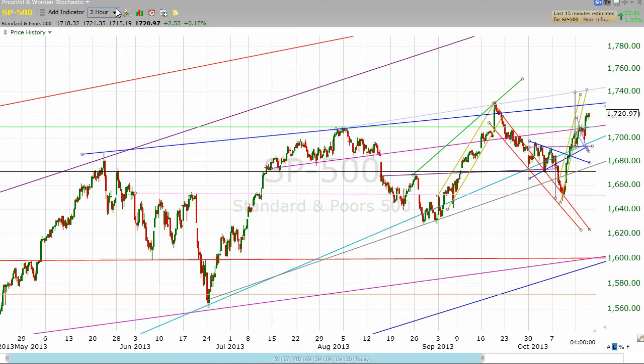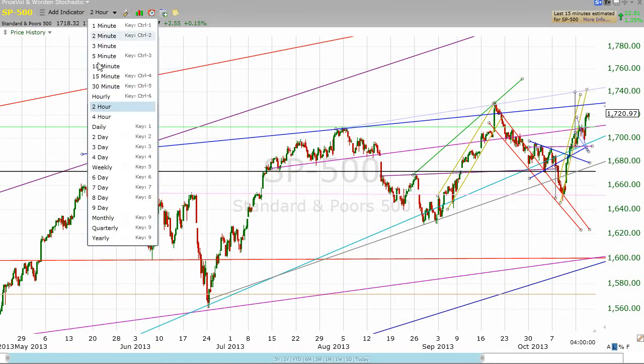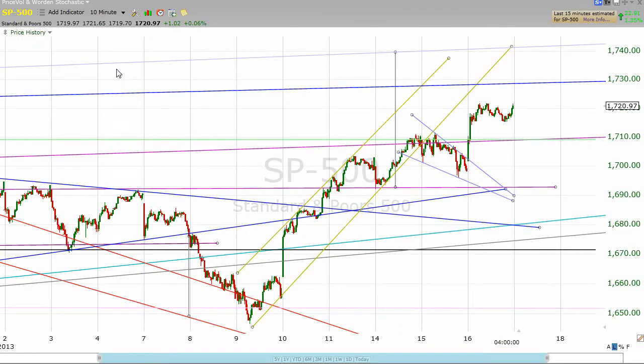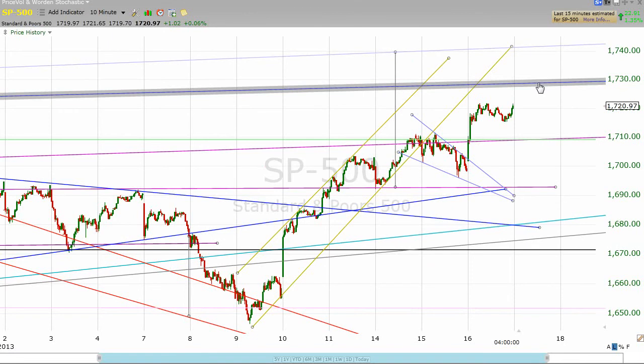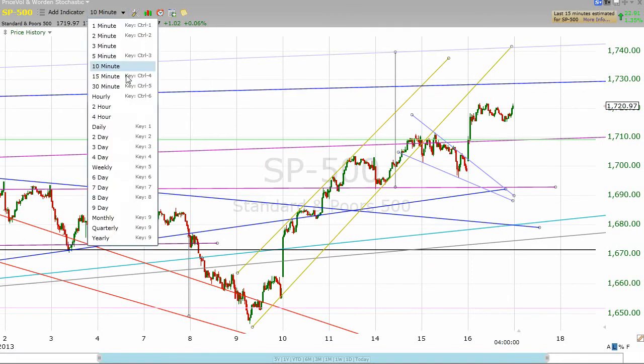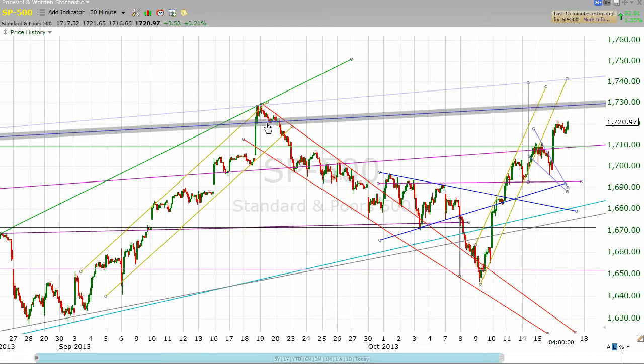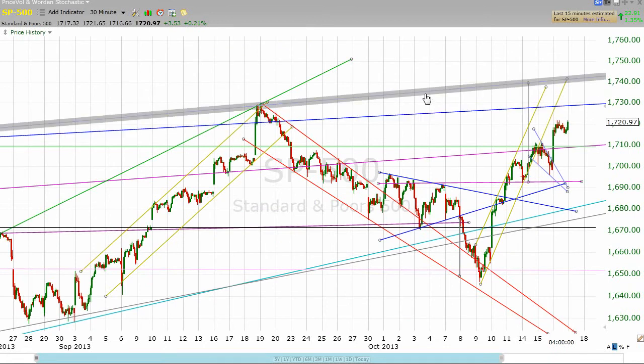And to be frank, it's hard to know which one of these is gonna put up more of a fight. This is the one that we were temporarily over back here in September. This is the one that is drawn over the last two tops precisely.